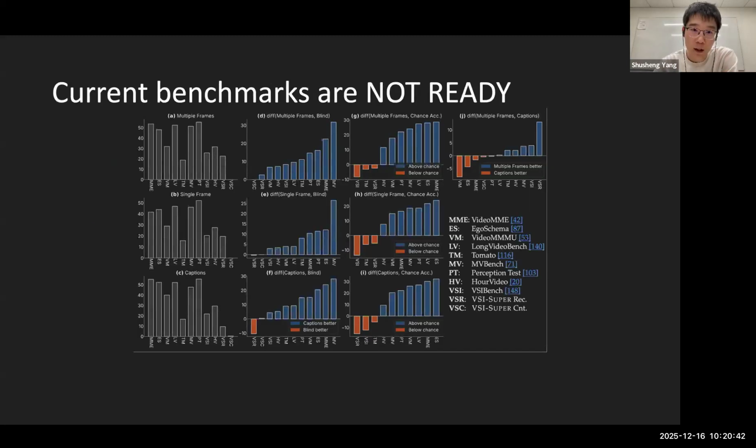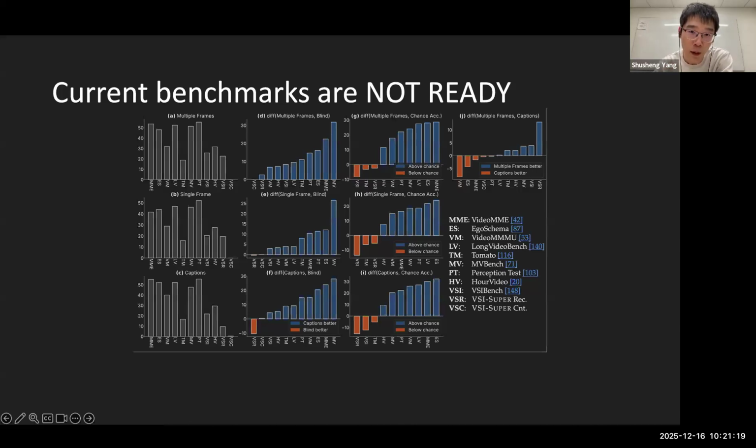So here are all the results. On the far left is the result of one video model on these different video benchmarks across different setups. The first one is multiple frames, the second is the performance on single frames, and the last one is captions. Here we choose VideoMME, EgoSchema, VideoMMMU, LongVideoBench, TOMATO, and a lot of other video benchmarks.